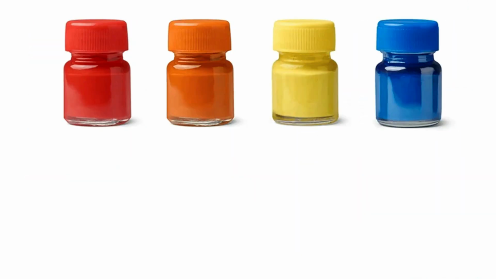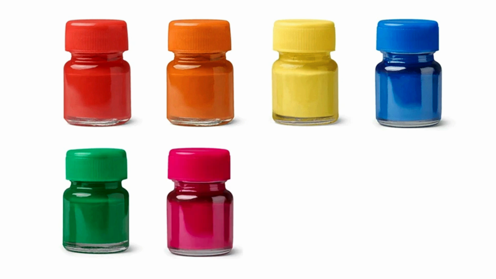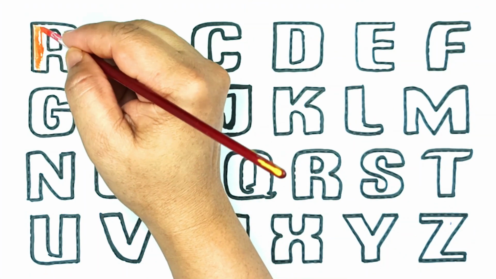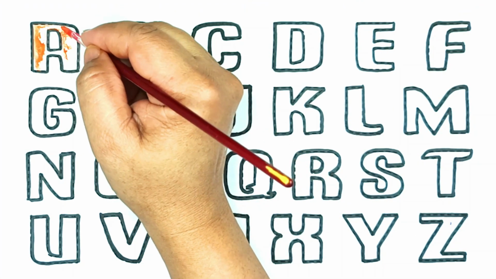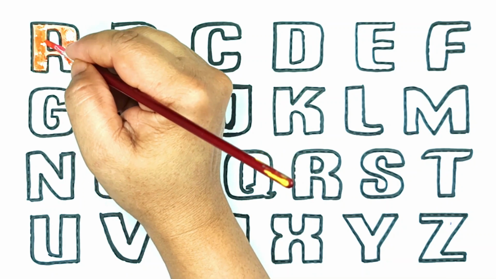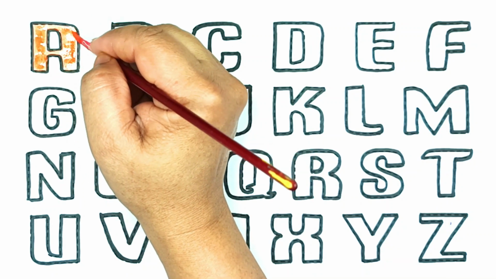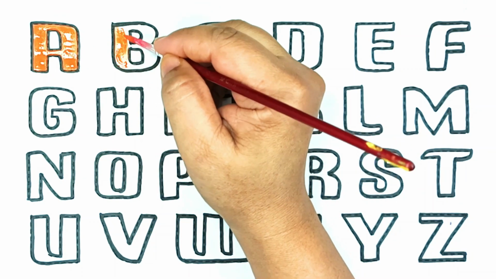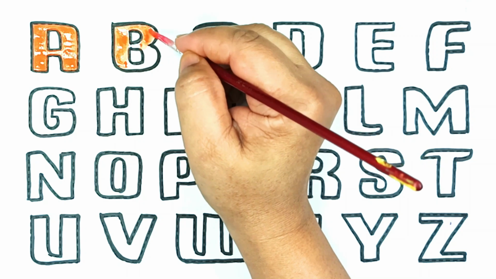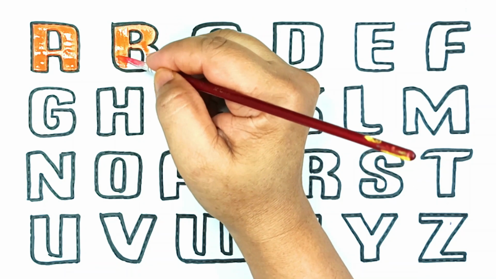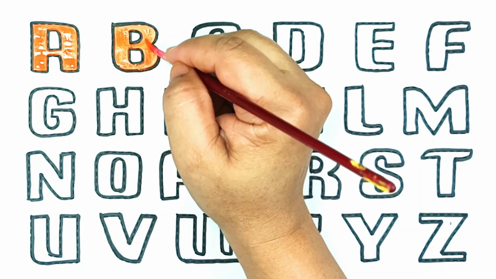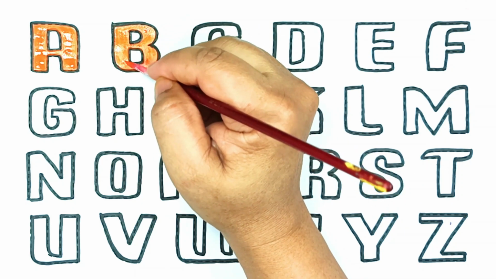Z. Blue color, green color, pink color, purple color, brown color. A for apple. B for ball.